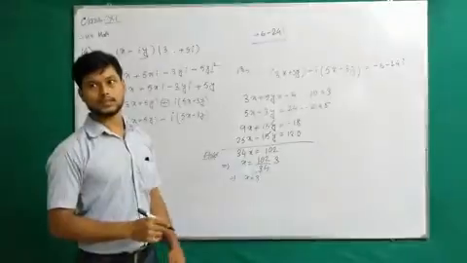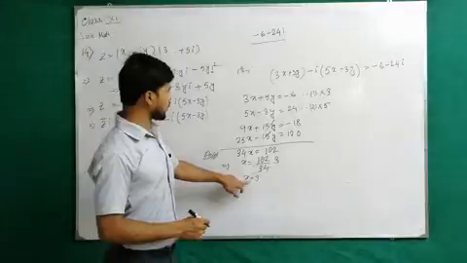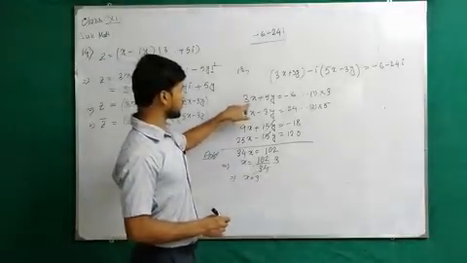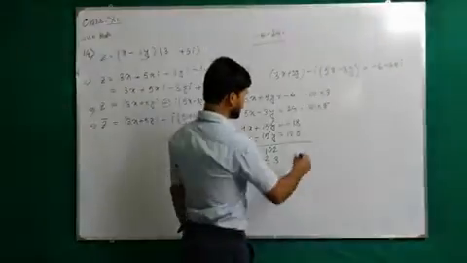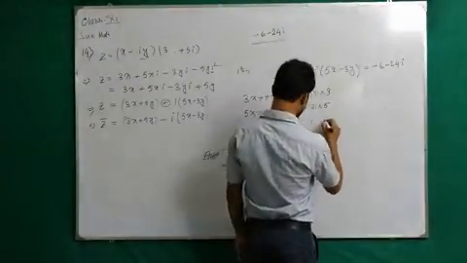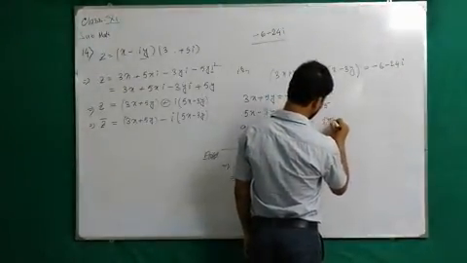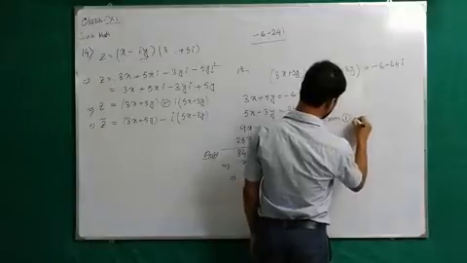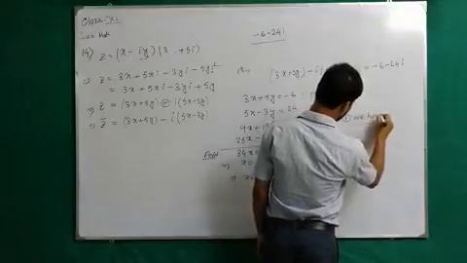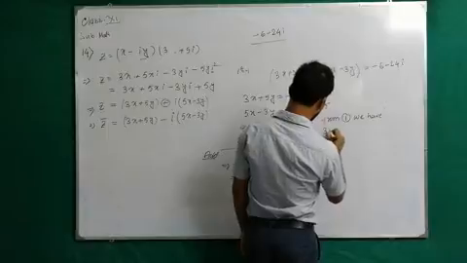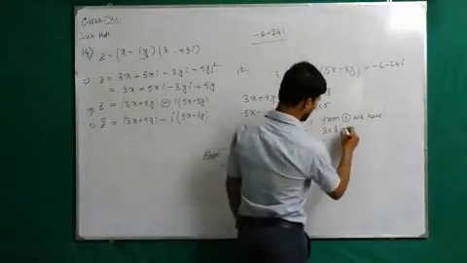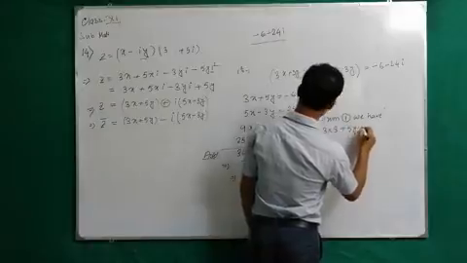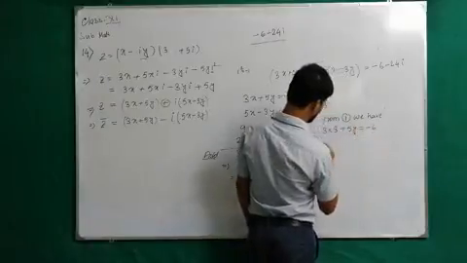Now we have to calculate the value of y. If I put x equal to 3 in either equation 1 or equation 2, we have the value of y. So from equation 1, we have 3 into 3 plus 5y is equal to minus 6.